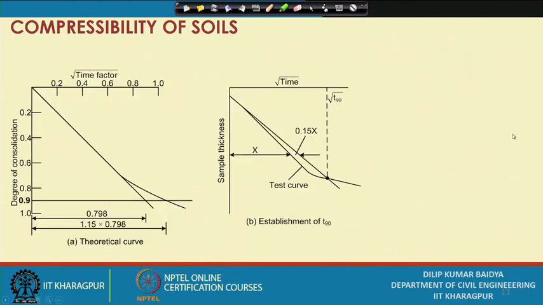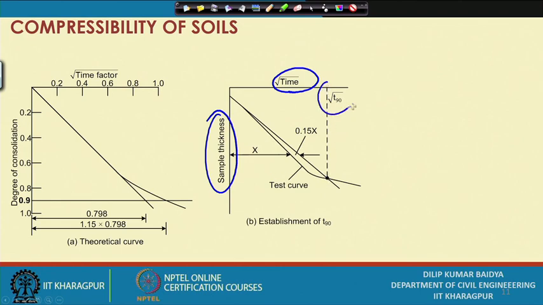You can consider this as the laboratory data, and this side is the square root of time and this side is the sample thickness. From this plot you can read, so we have got the intersection.